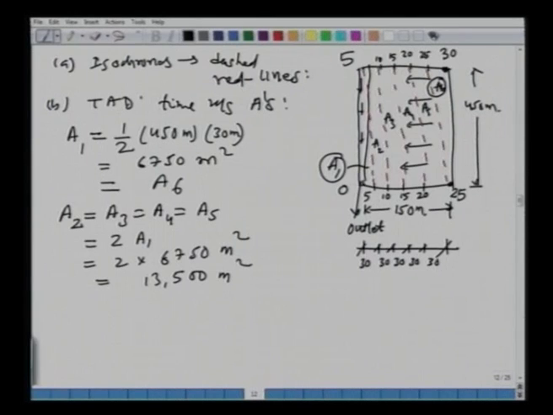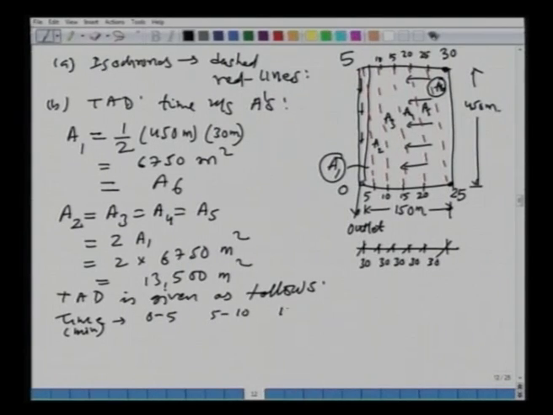So, your time area diagram is given as follows. Your time is in minutes: 0 to 5, 5 to 10, 10 to 15, 15 to 20, 20 to 25, and the maximum is 25 to 30.